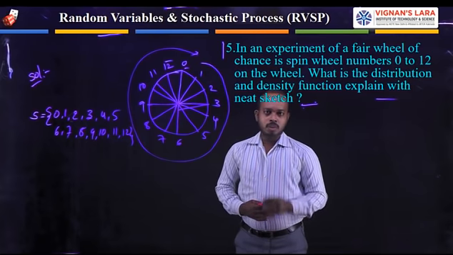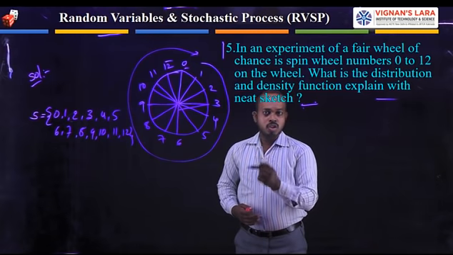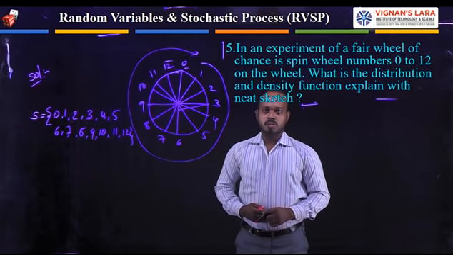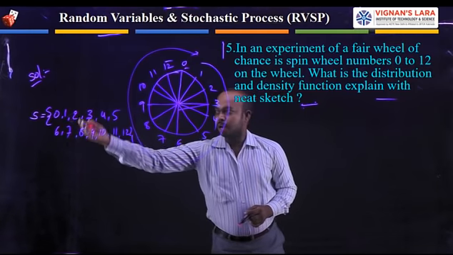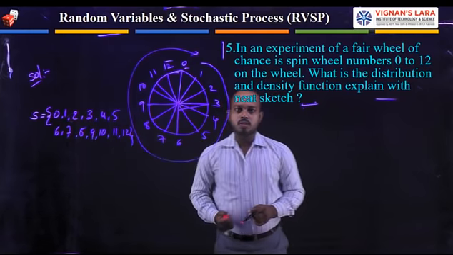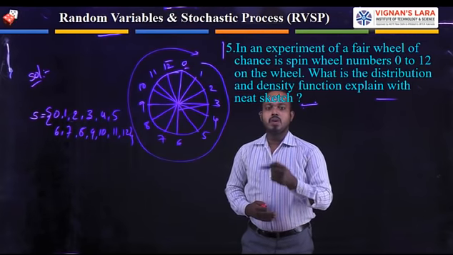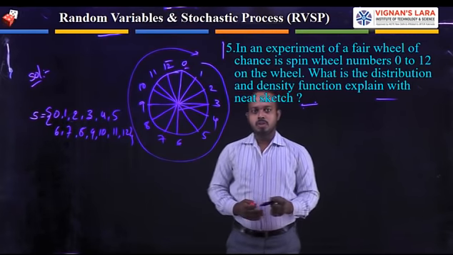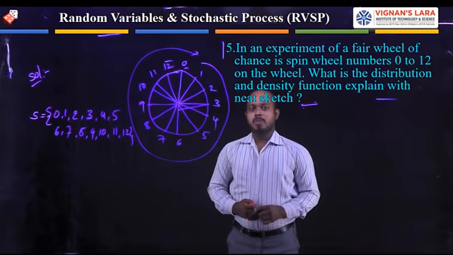For finding the probability density function, you need to find the probability of each and every event. Here I am finding the probability of the 0 occurrence, the 1 occurrence and the 2 occurrence. Each of these values has a unique appearance. How many possible outcomes are available in this experiment?